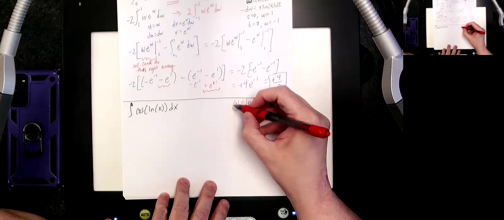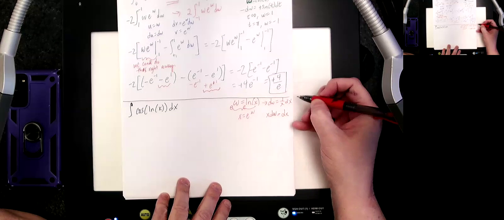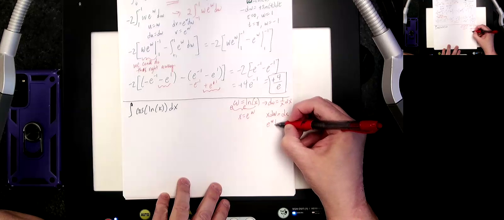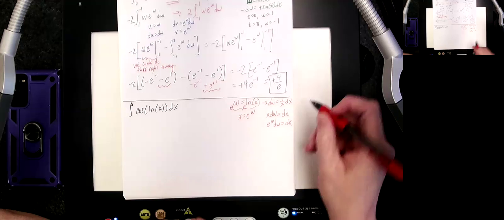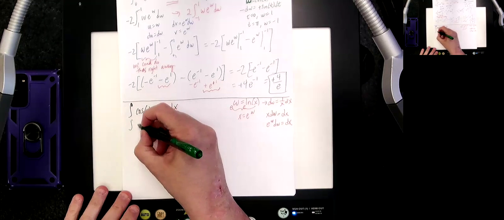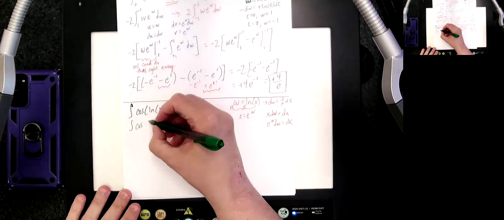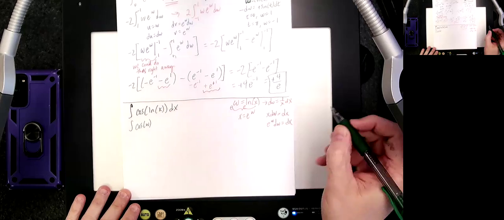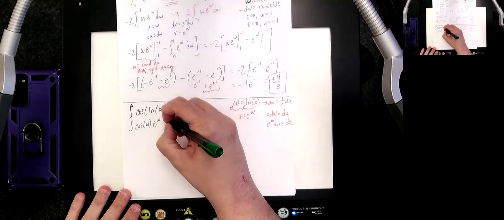If we raise both sides to an e, I've got x equals e to the w. So I could say this is e to the w dw equals dx. And that would rewrite this integral as cosine of w e to the w dw.